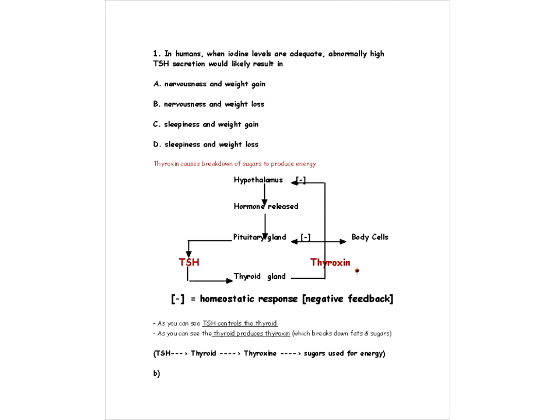Okay, so high levels of TSH is called hyperthyroidism, and hypothyroidism is a small amount of TSH being produced. So you're going to have the opposite. In that situation you'd have something like sleepiness and weight gain.